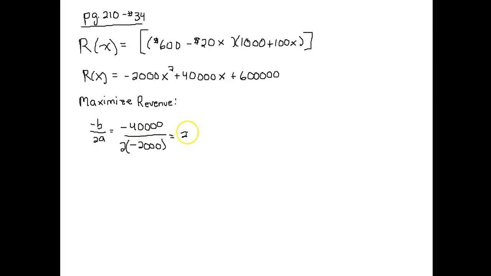Which will give me 10. Okay. So x equals 10 will maximize the revenue. So they need 10 above 1,000. For figuring out what the maximum revenue would be, you do R at 10, and you're going to get $800,000.